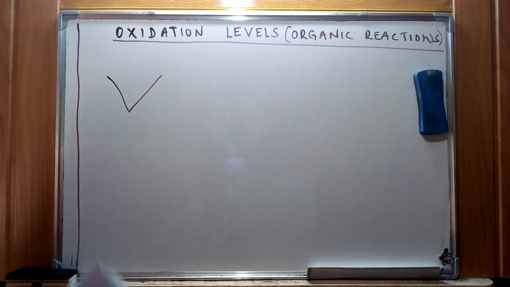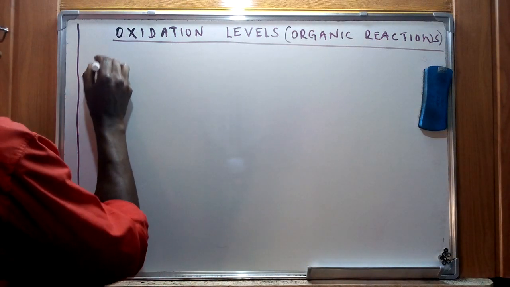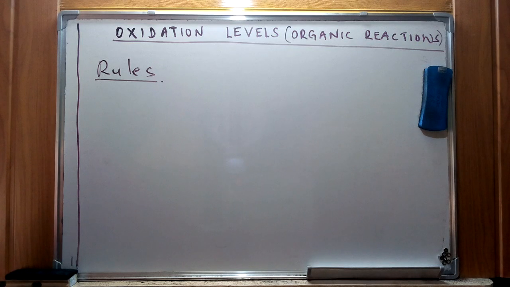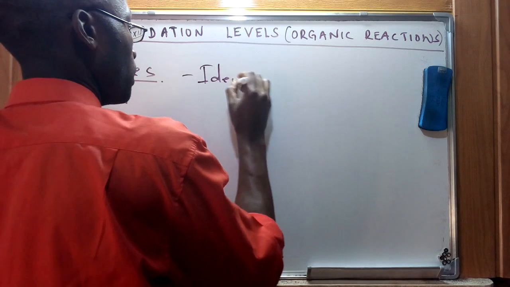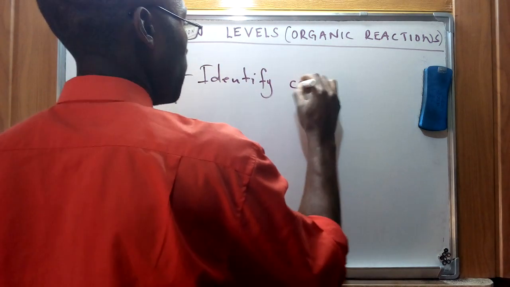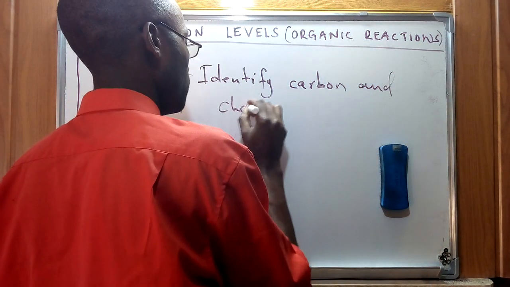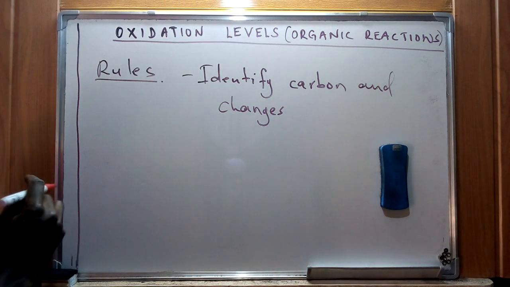Just as I said from the beginning, there are some specific rules which we use in assigning oxidation numbers for cations and anions. Now for organic compounds, which we said are formed by a fundamental element, carbon, we are going to identify each carbon atom contained in that compound, and the changes that are going to be realized within that carbon during a reaction.